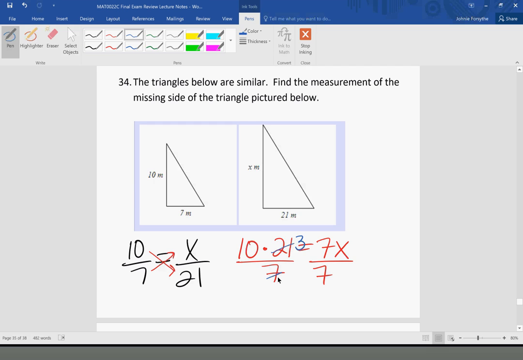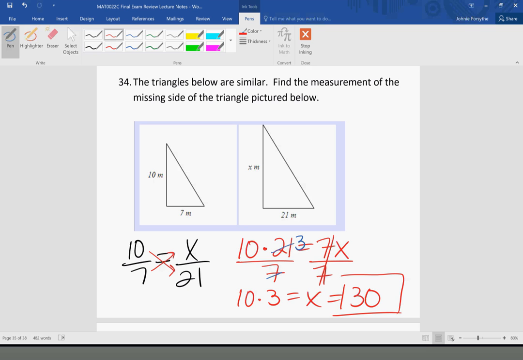So that's going to be just 10 times 3 equals x. So x equals 30. Or you could have, of course, said 10 times 21, which is 210, and divided it by 7, you would get 30. So either way, you get the same answer.